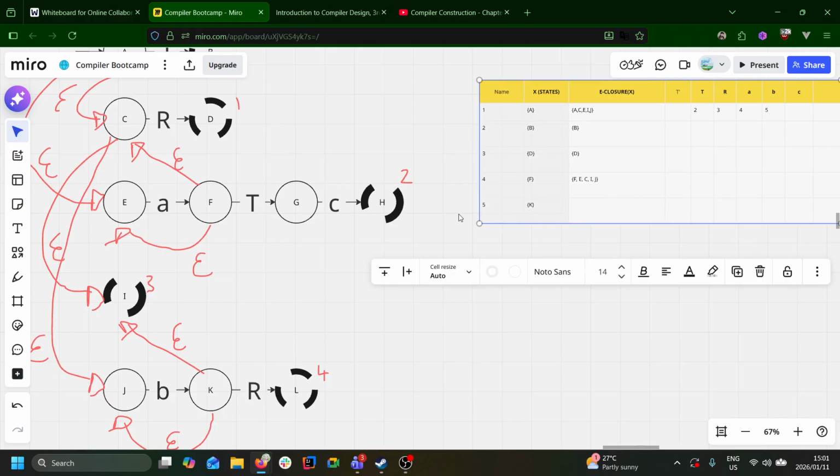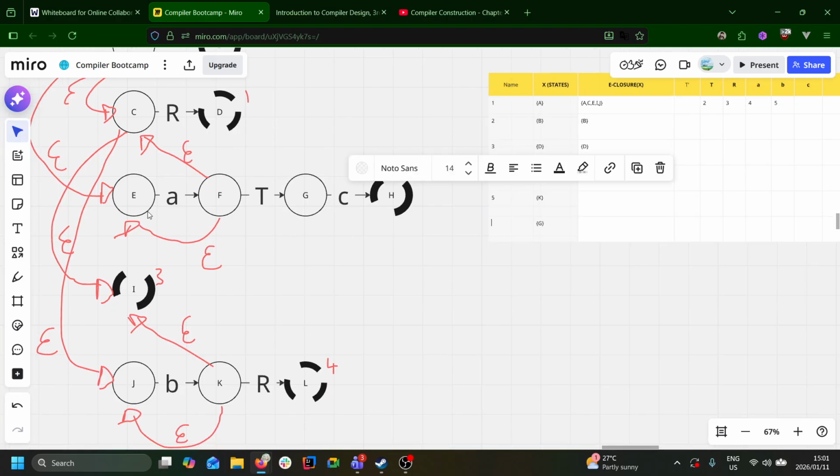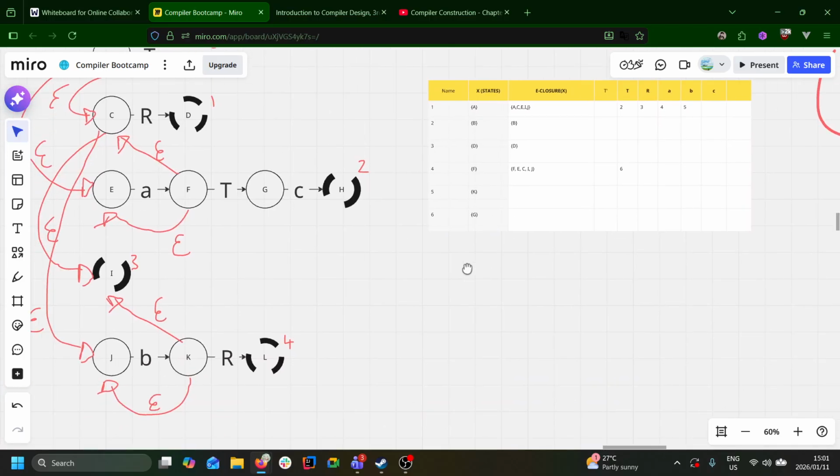So we're going to add a new row for G, and we're going to name it 6. Is there another transition for T? There isn't. So we just name this 6 over here, and it takes us to 6.